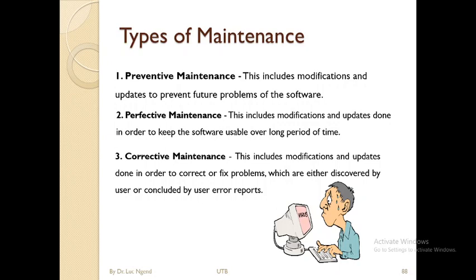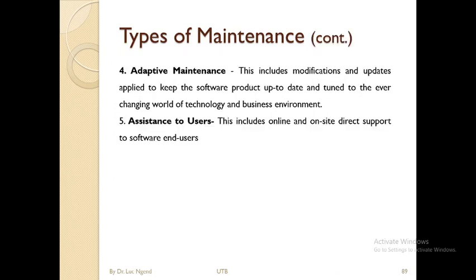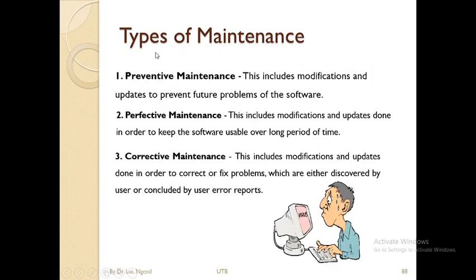Perfective maintenance has to do with modification and update done in order to keep the system usable over a long period. Here you don't add. People confuse perfective maintenance and adaptive maintenance. It's not the same.